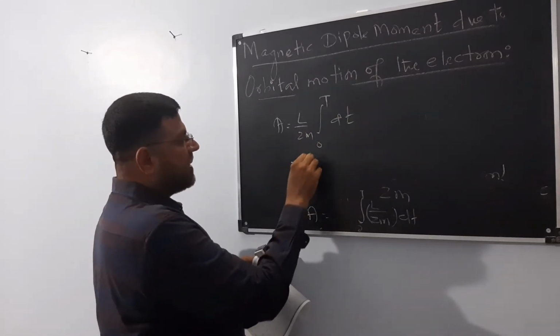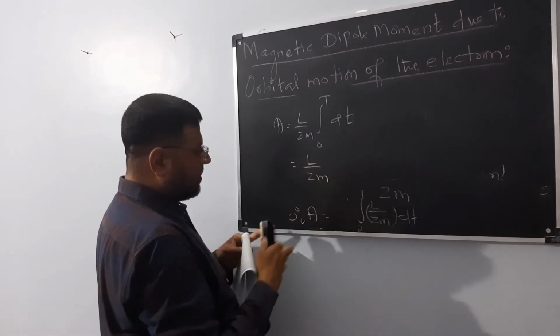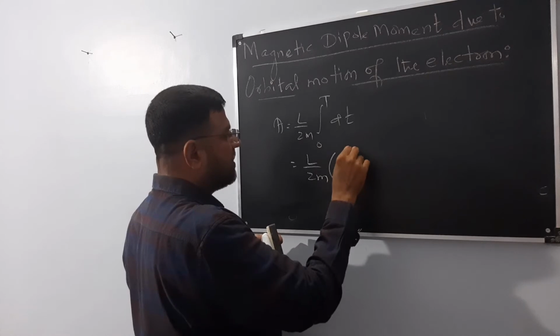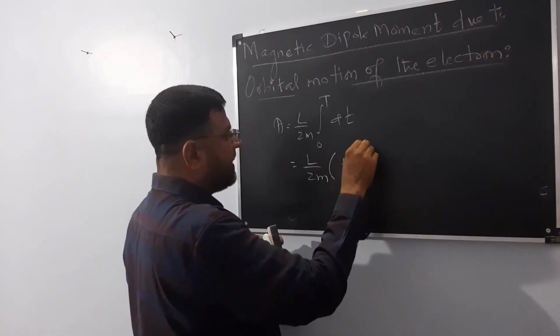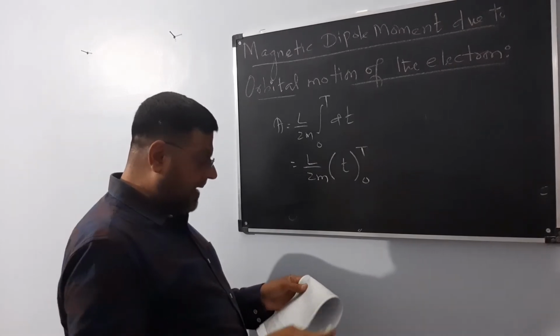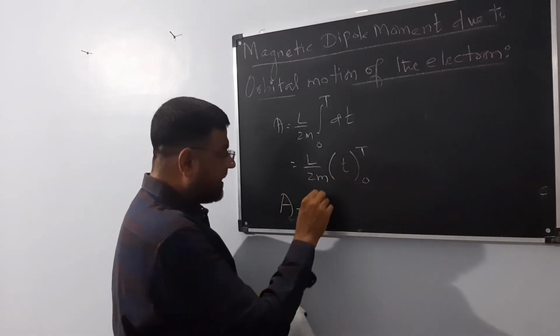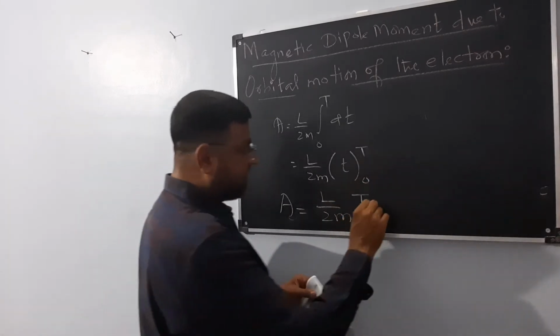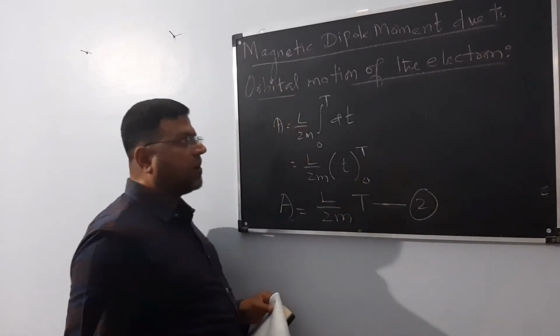Therefore, this is nothing but L by 2m times t, within the upper limit and lower limit. Therefore, area is nothing but L by 2m times t. This is equation number 2.